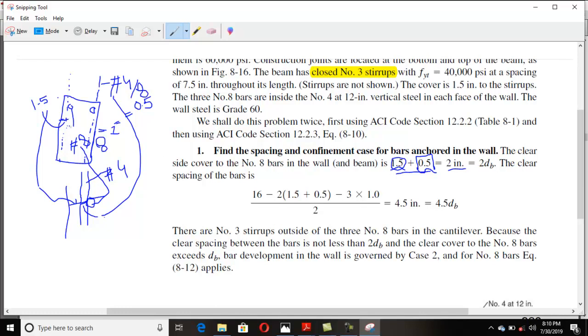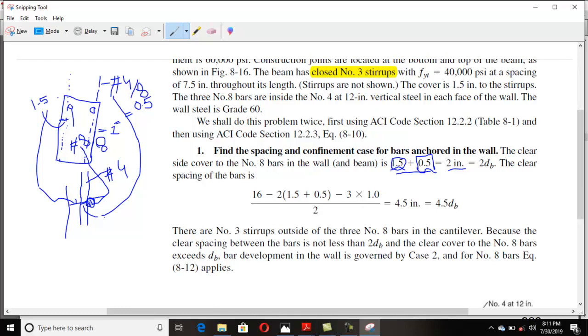This means the distance from the face of this main steel bar to the side is equal to 2 times the diameter, so you can adjust 2 number 8 bars in this place here.